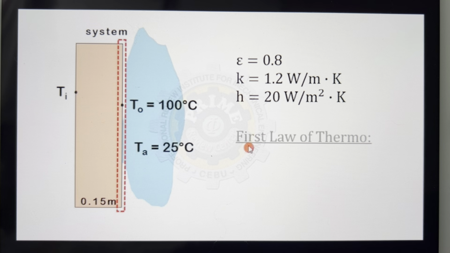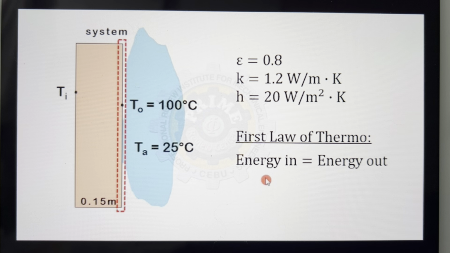Then, recall natin yung first law of thermodynamics, which states that all energy entering the system is equal to all energy leaving the system. Or energy in is equal to energy out of the system. Okay, so kailangan pala identify muna natin yung mga energy entering the system saka yung leaving the system. Now take note na yung system natin is the outer surface ng brick wall.